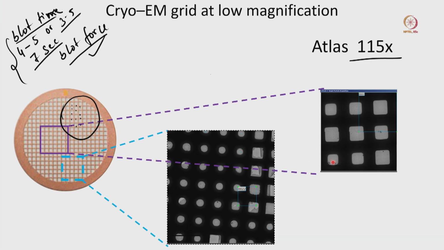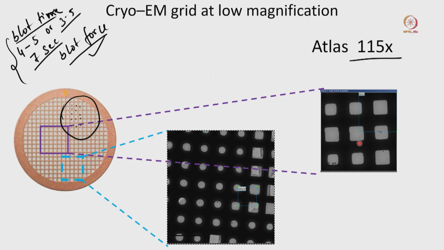If you compare this square with this square, definitely here the square area is much bigger, because in this area maybe some extra buffer is deposited which is making a very thick ice. That is the reason the electron beam cannot go through and the overall square areas are small. But in this particular grid we can tell most of the squares are very good.